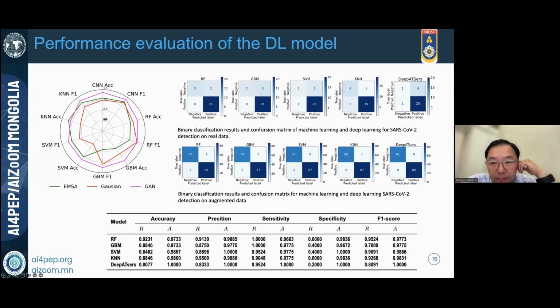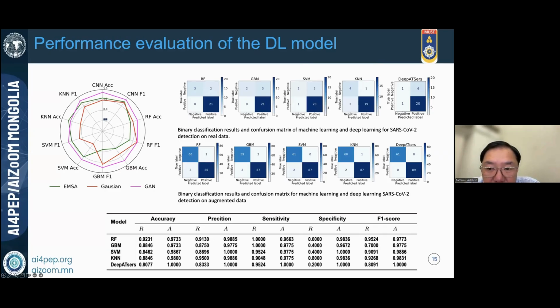Among the models trained on the limited real experimental dataset, the random forest achieved the highest performance, with accuracy 0.92, specificity 0.6, and F1 score 0.95.